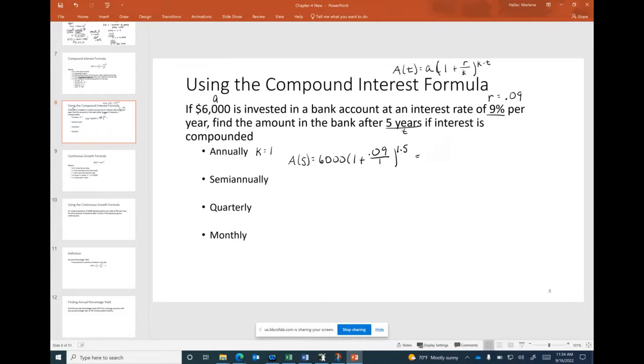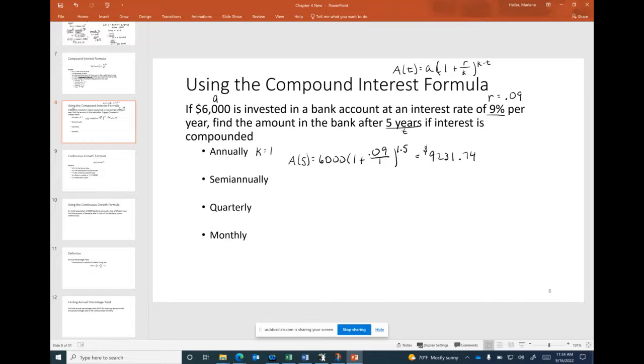Put that in our calculator, and after 5 years with annual compounding, we will have $9,231.74.